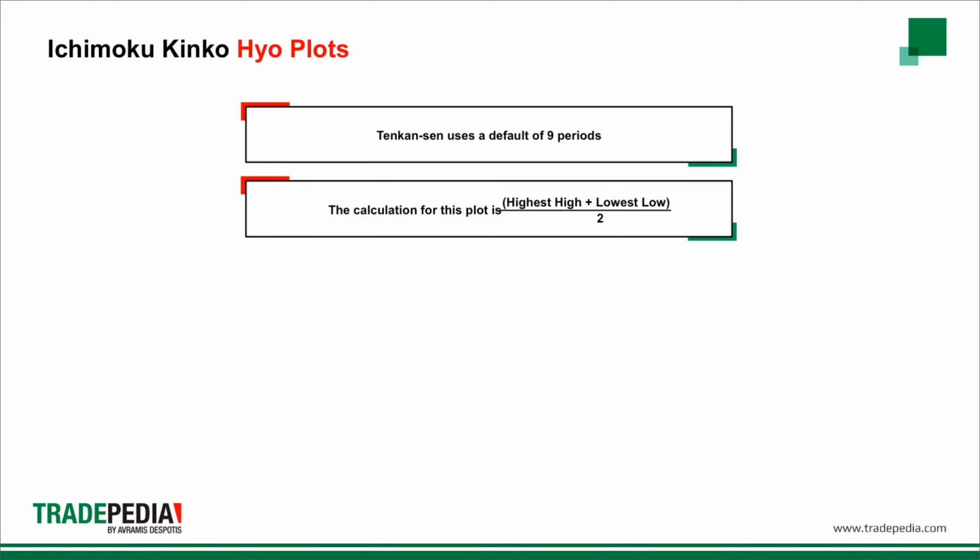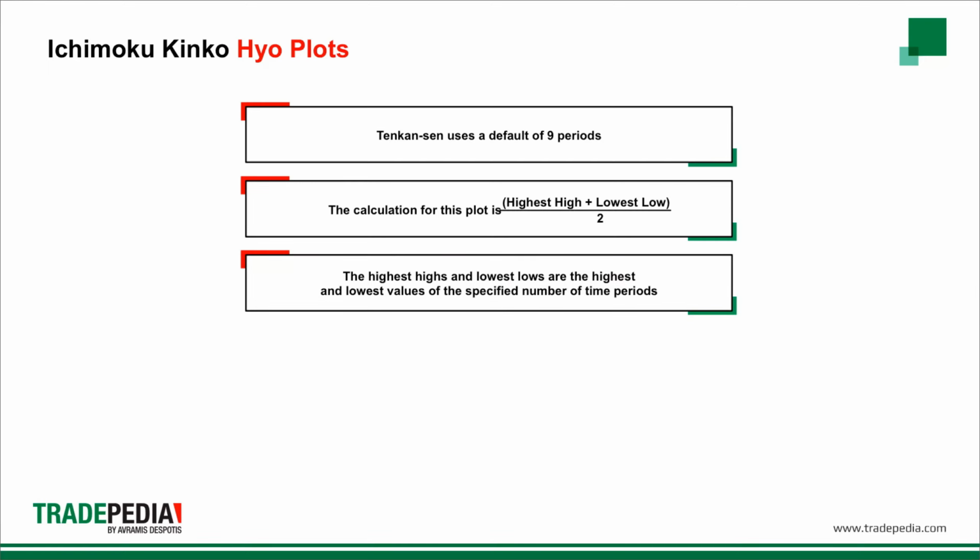The highest high and lowest low span across the specified number of time periods. So that is for Tenkan-sen.